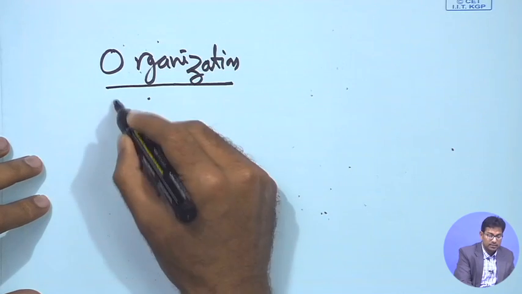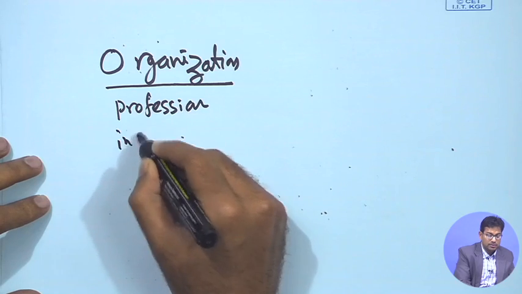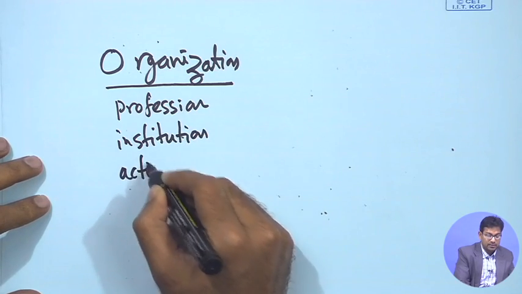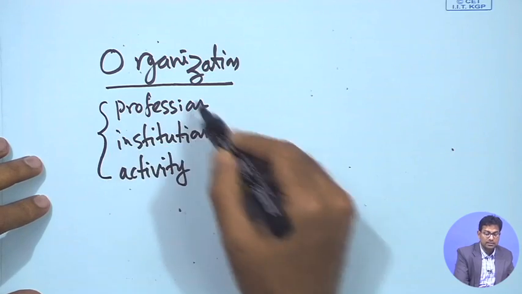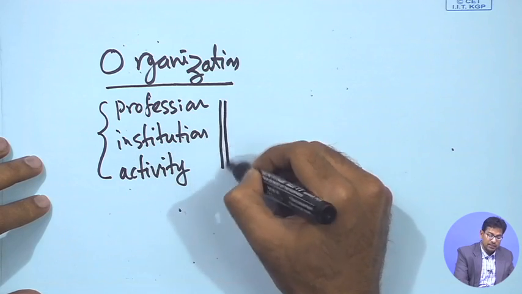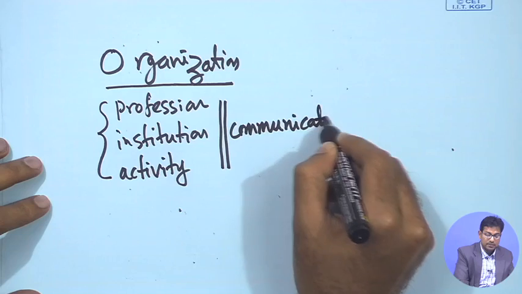These organizations are mostly based on profession or institution or activity. So, human civilization has created organizations based on various facets like this, and based on that they have different communication which happens within them.